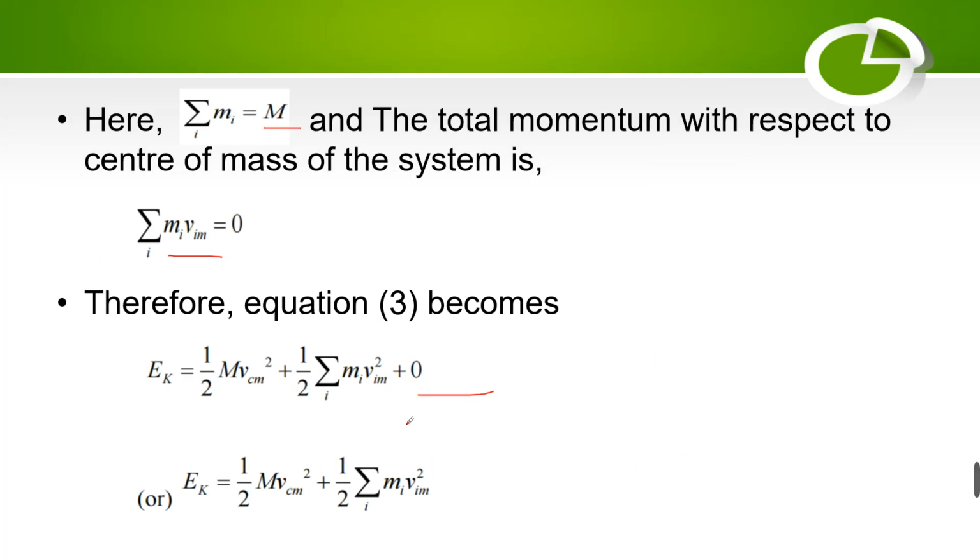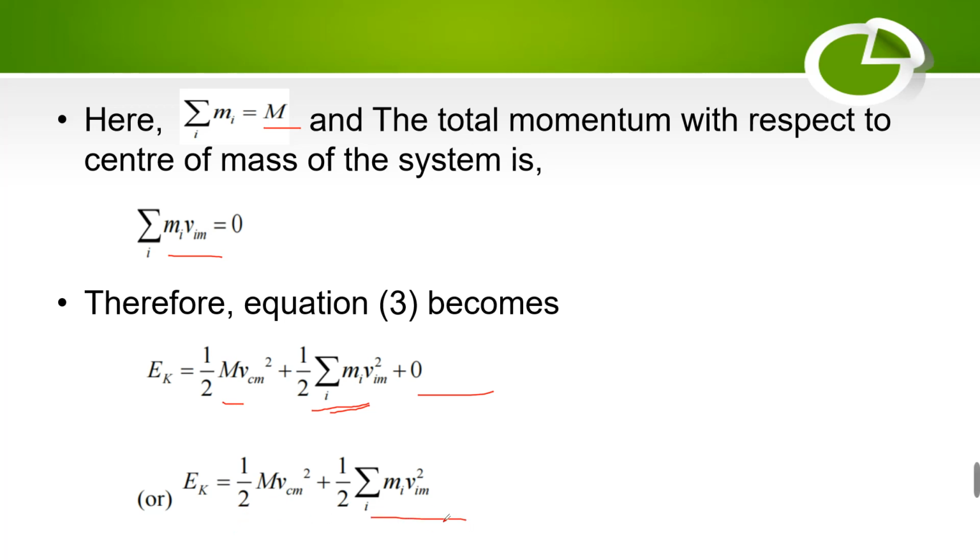And then you may think, why are we not taking summation i equal to 1 to n mi in the second part as capital M? This is the whole system mass and this is the mass of an individual particle. So we can't take it as capital M. So the kinetic energy of the system of particles is half M Vcm square, that is kinetic energy with respect to velocity of center of mass.